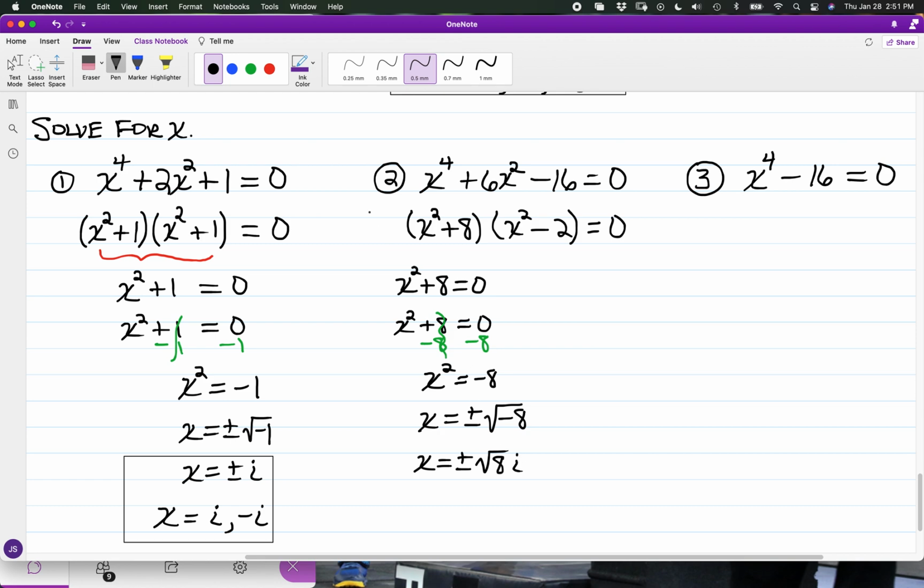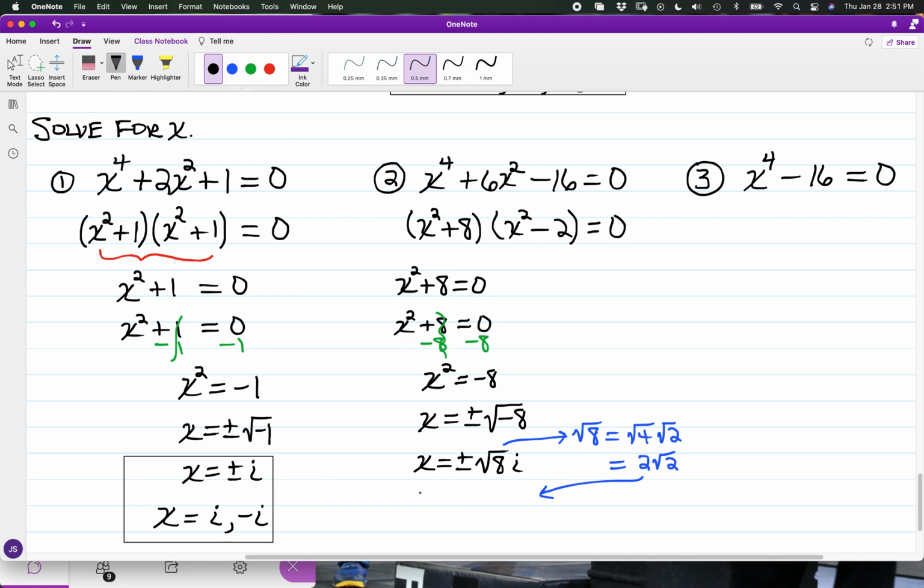And the square root of 8, 8 is not a perfect square value, but it can be reduced. So again, we have the square root of 8 equal to the square root of 4 times the square root of 2. And so the square root of 8 will be reduced to 2 times the square root of 2.